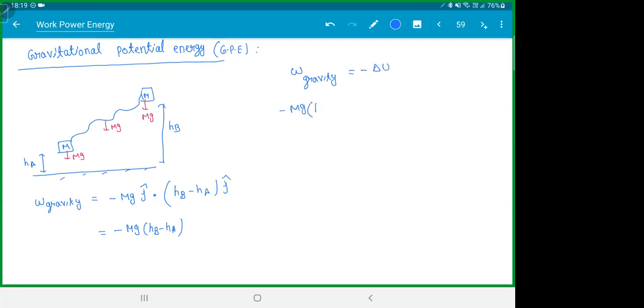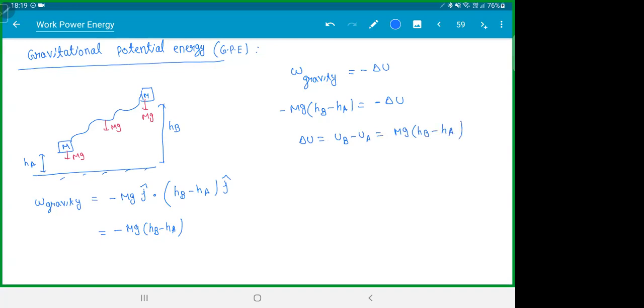So minus mg(HB minus HA) is minus delta U. Minus minus cancels off, so delta U, which is UB minus UA, is equal to mg(HB minus HA).